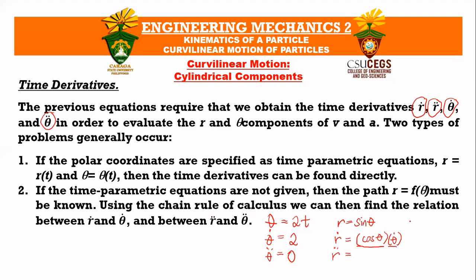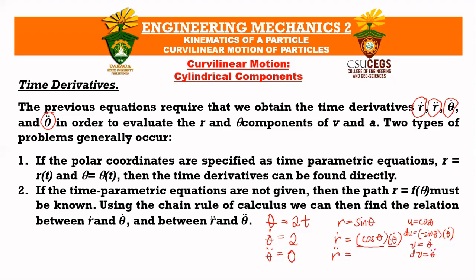So by using the product rule, if u is equal to cosine theta, so the du is negative sine theta times theta dot. And for the v, that is theta dot, and dv, or the derivative of v, would be the theta double dot.